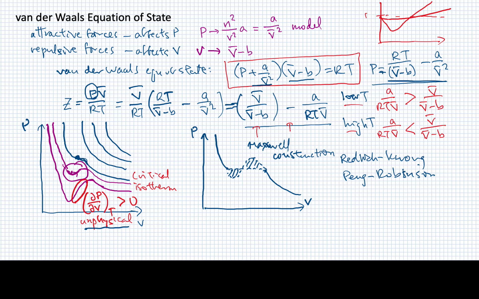One thing you can say about them is they are more quantitative. That is to say, they are more accurate when it comes to comparing them with real gases. The van der Waals model isn't especially accurate, but it does capture qualitatively the various features that we want.